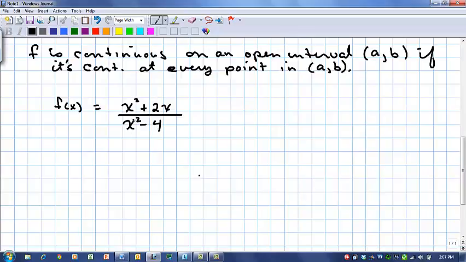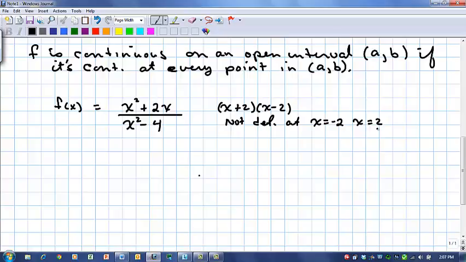This function, being a rational function, is not defined at certain values, because if we factor the denominator here, we can see that this function is not defined at x equals -2 and at x equals 2.